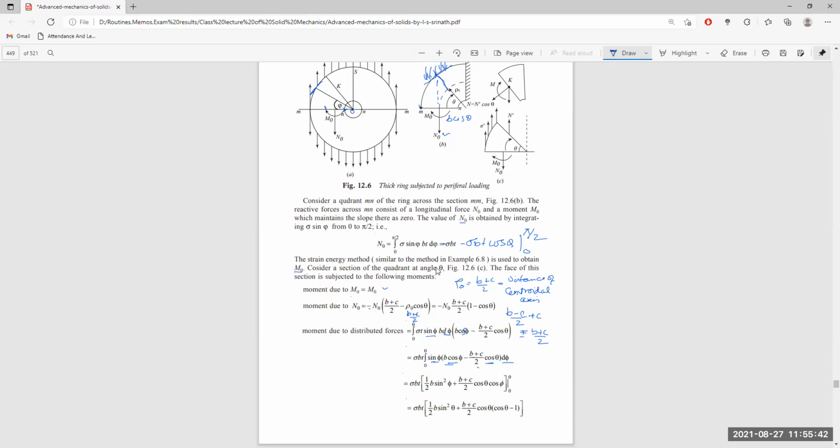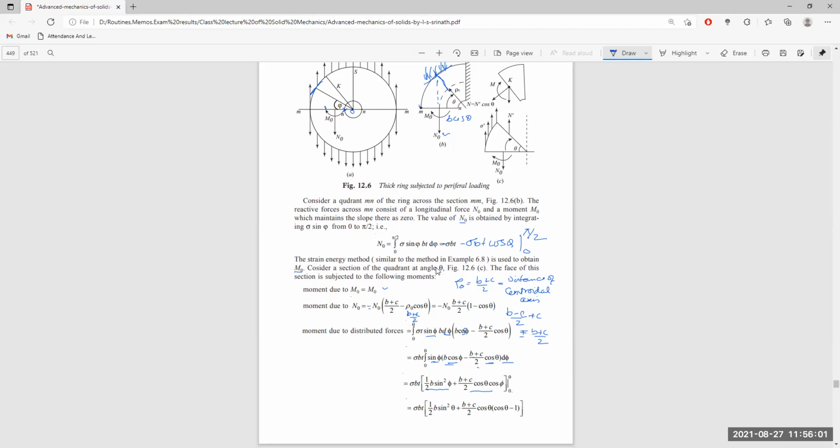So after integration, this portion will become half b sine square phi, and the right portion becomes plus (b plus c) divided by 2 cos theta cos phi itself. Here we have to put the limits of the boundary condition from 0 to theta.